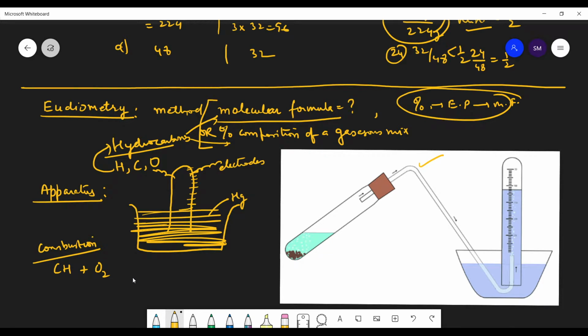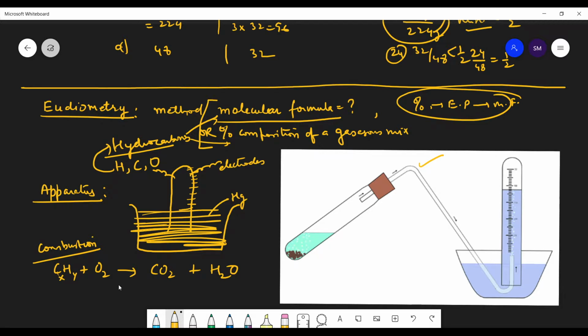This can be X, this can be Y. Whenever you do the combustion of any of these, alkane, alkene, alkyne, you will always get carbon dioxide and water, along with heat.